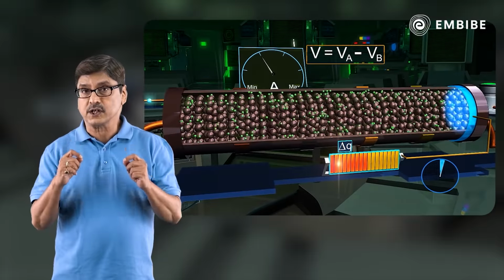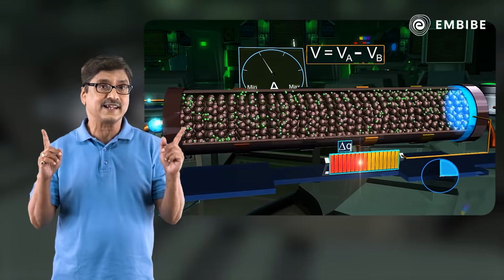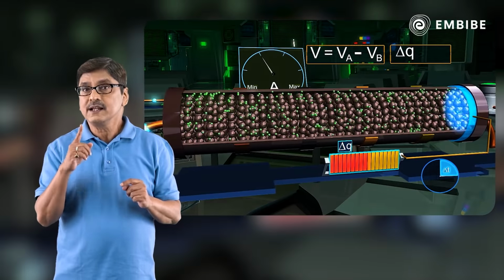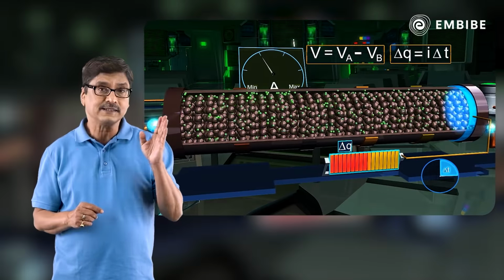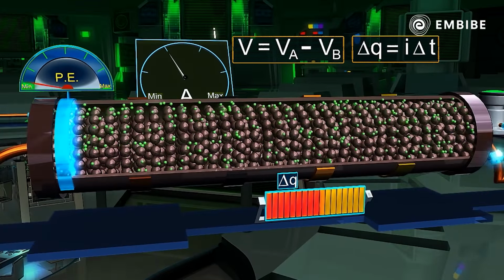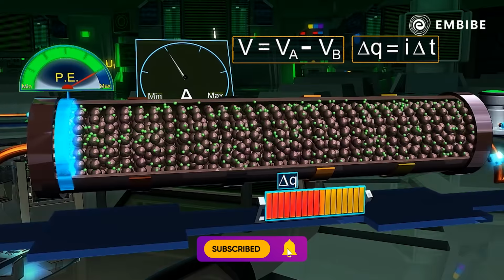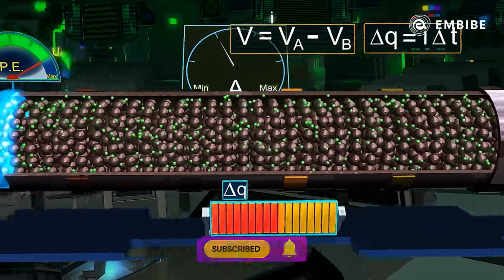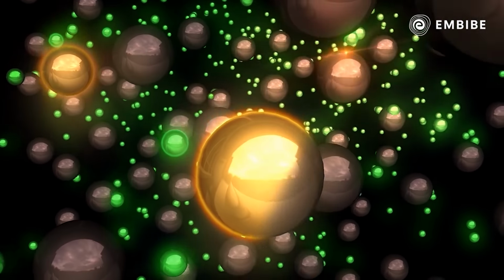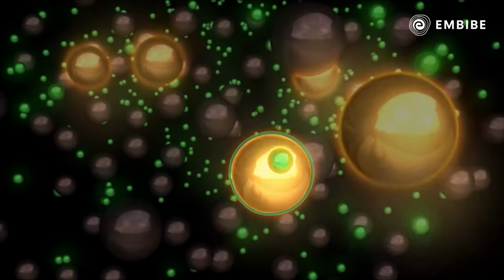Thus, the amount of charge that moves between the two ends of the resistor in time delta T is given by delta Q is equal to I delta T. Say that the charge possesses electrical potential energy U1. This charge, delta Q, while moving through the resistor, collides with the molecules of the resistor and transfers some energy to the molecules.